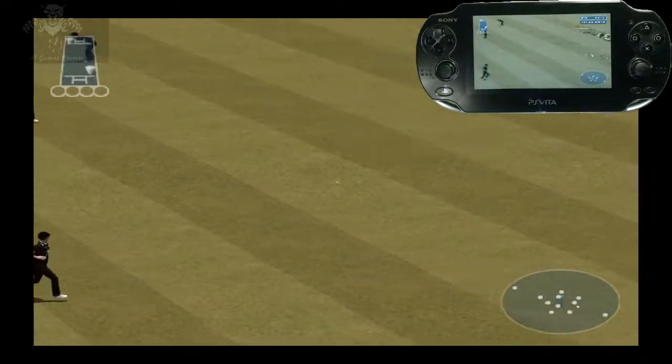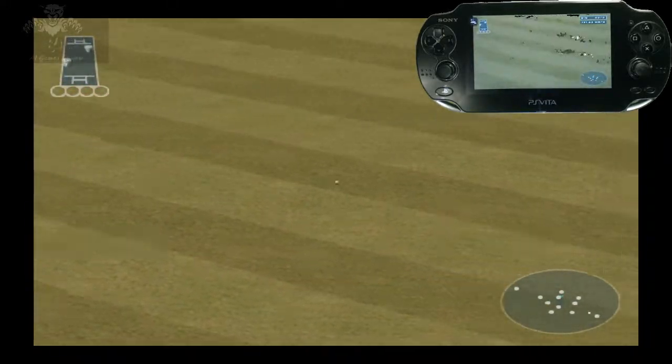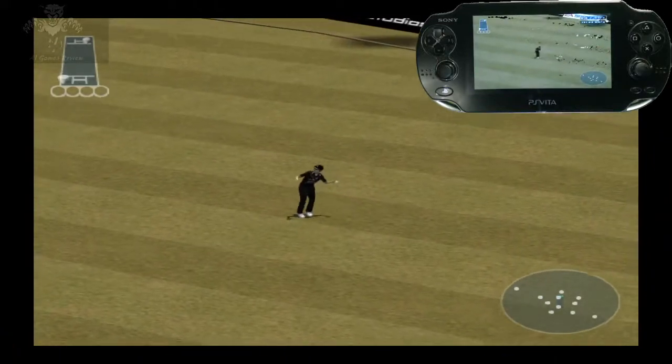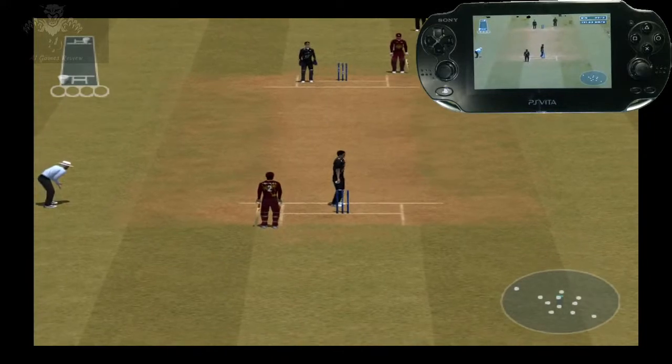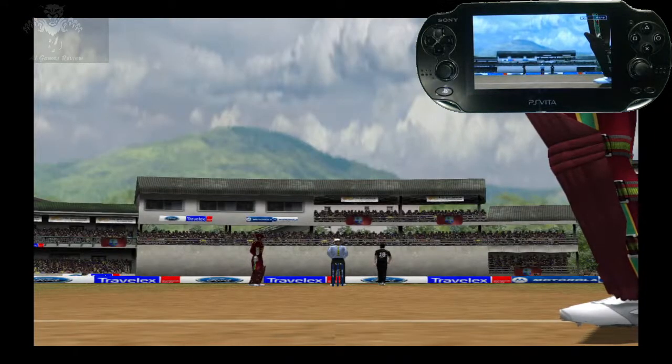Vettori is after that one. One run to Hines.